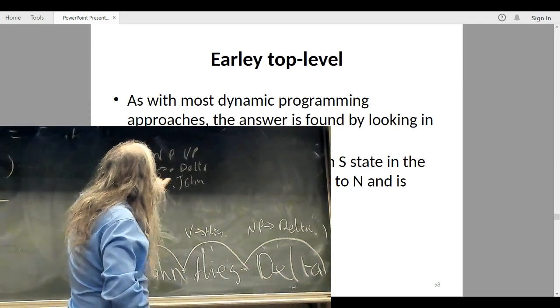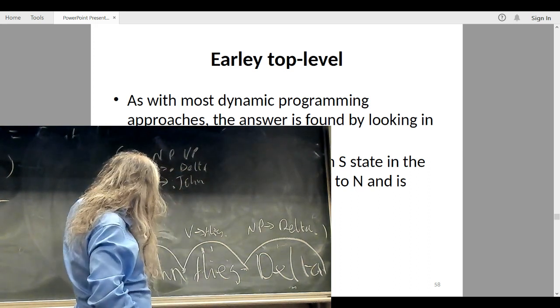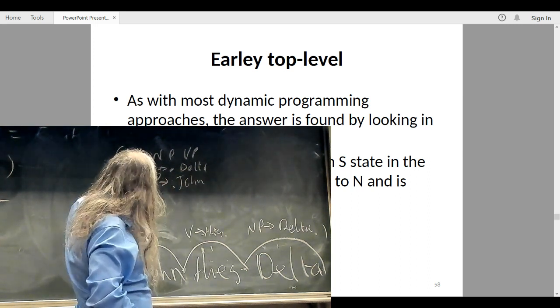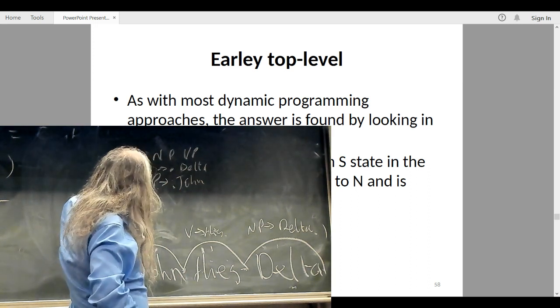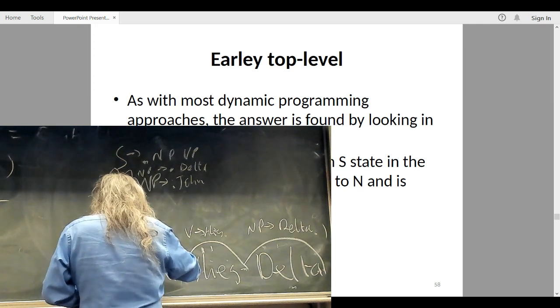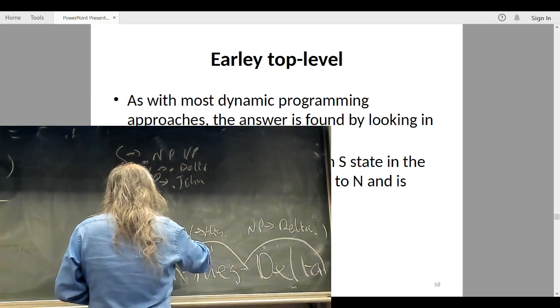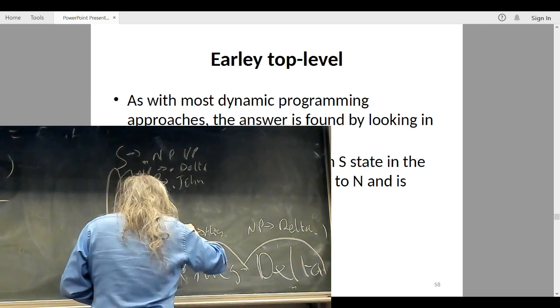We look at this one, we're looking for a delta, we don't have a delta that starts here, but we do have a John that starts here, and so this rule and this edge can combine to form a new edge, which is going to be this one here, and this will be the NP goes to John with a dot at the end.